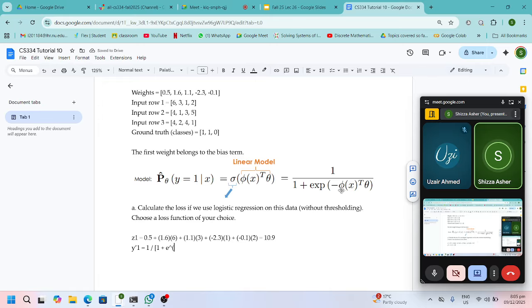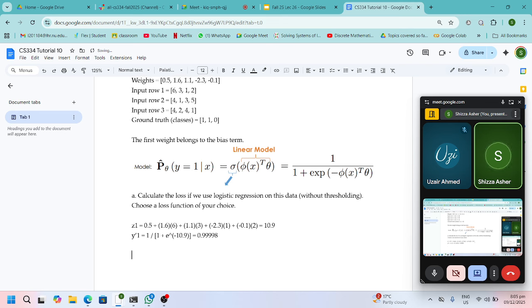See, ये जो output आपके पास निकला था linear model का, so minus 10.9. This is how I will compute the first predicted value, which comes out to be 0.99998.